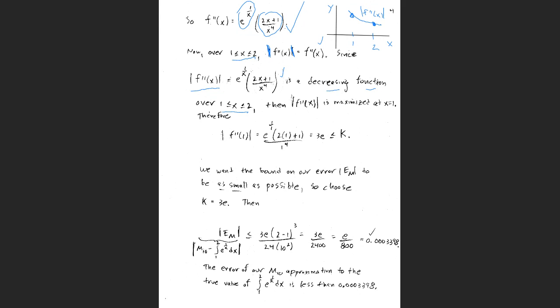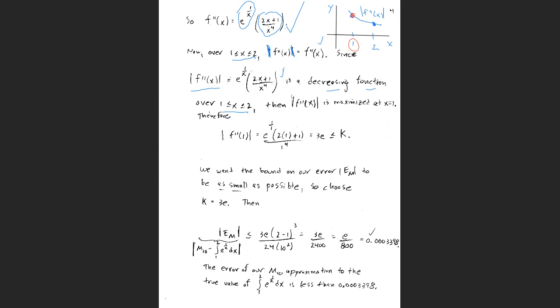Where would the second derivative be maximized? Would it be maximized at x equals 1, or would it be maximized at x equals 2? Where is the absolute value of the second derivative maximized? X equals 1. That's right, Ange, and that's right, Touch. X equals 1. It's highest there.